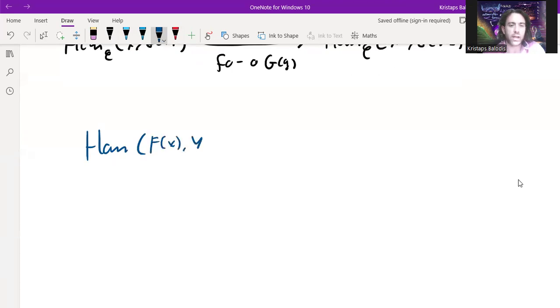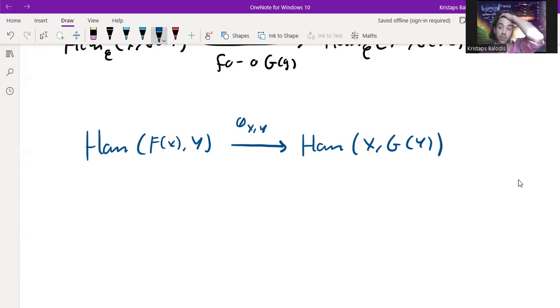But how do we relate? I gave you this unit and co-unit that should give us specifically, whatever these thetas of x, y's are, what relationship does that have with the unit and co-unit?